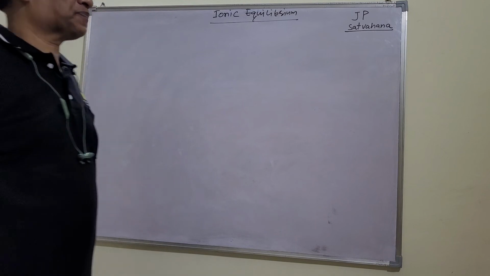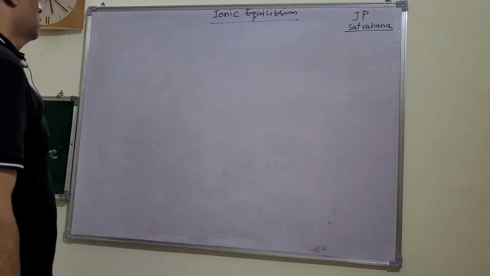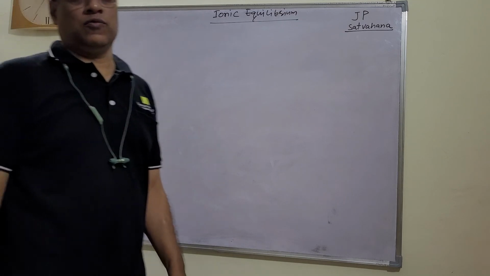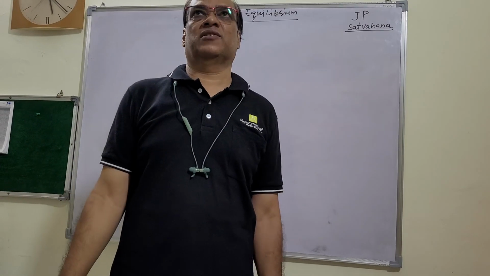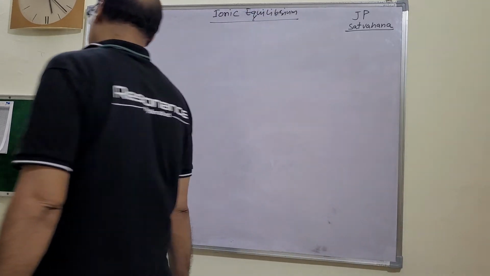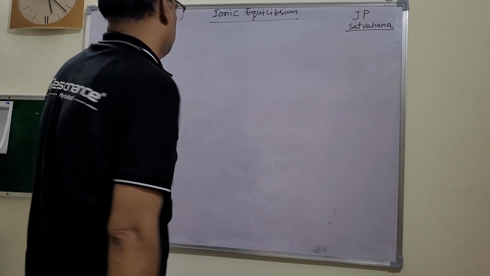JP Satvana. Okay. So basically, I am assuming that you know what is acid, what is base. Quickly revising you: strong acid, strong base, salts, and four category of salts.